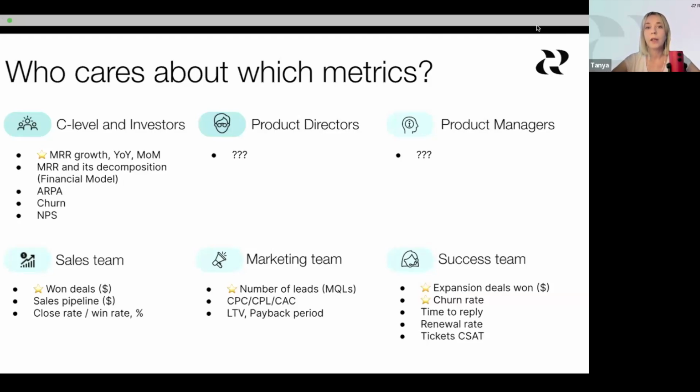Among all of these teams, the product team is left in between. So it's also hard to follow and think about the set of metrics that the product team cares about. It's a unique set for the product team.